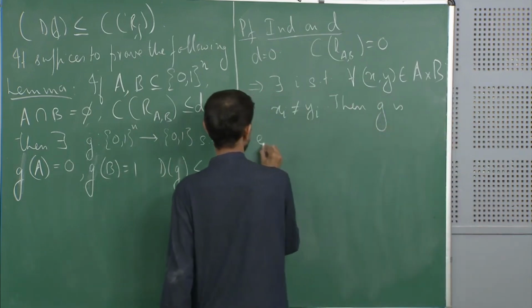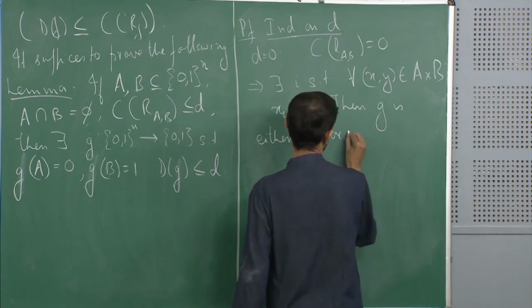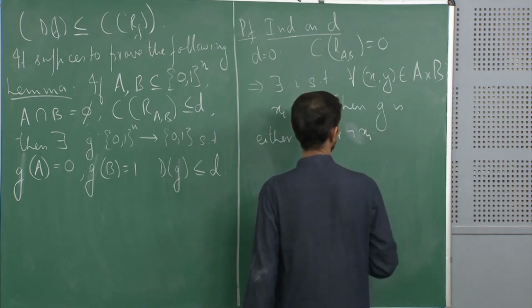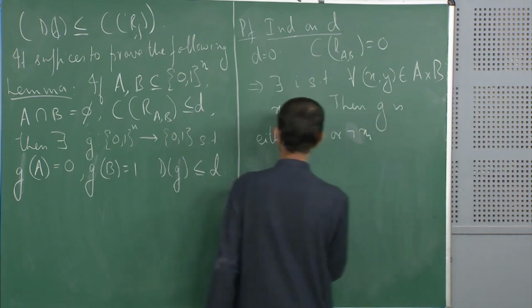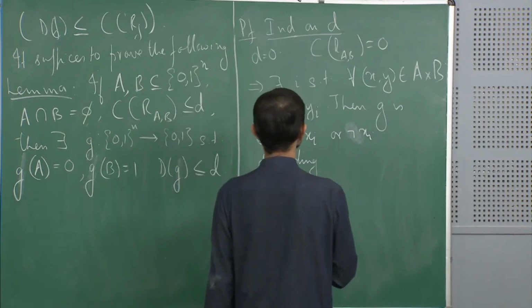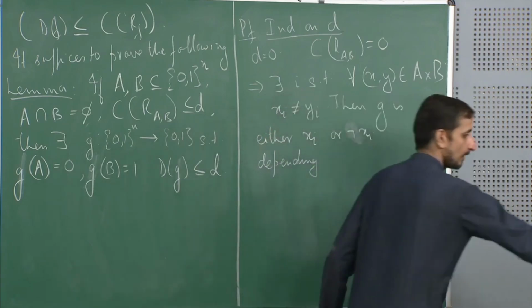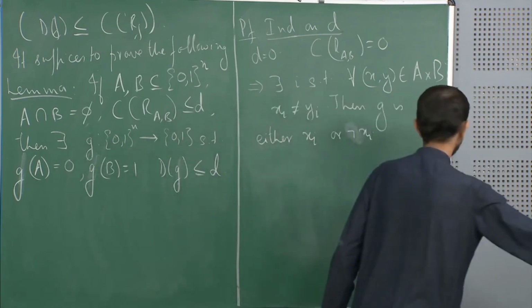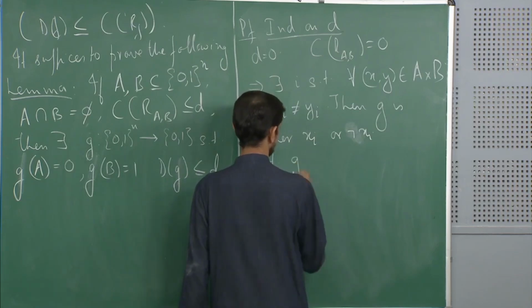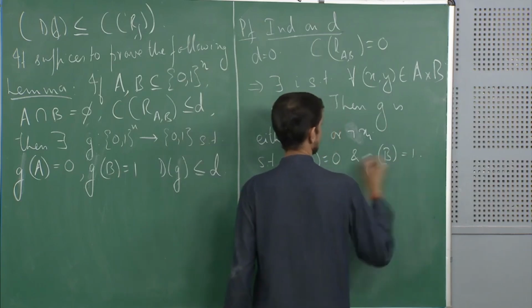Then G is either Xi or not of Xi, such that G of A becomes 0 and G of B becomes 1.